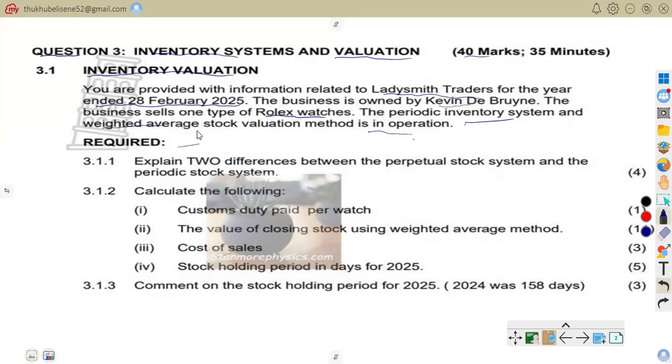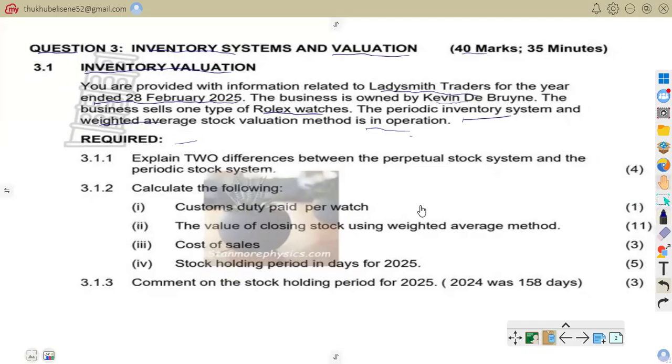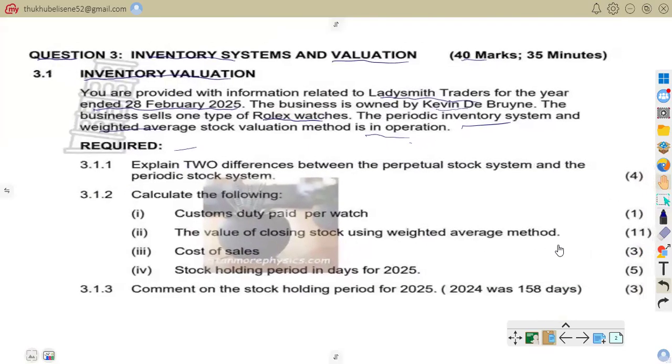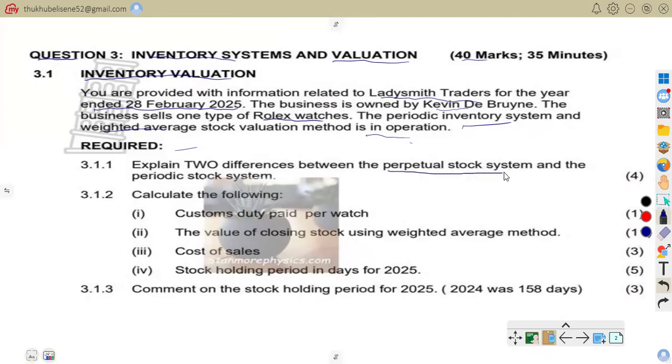Required: 3.1.1, explain two differences between perpetual stock system as well as periodic stock system. That is the first question that we are to answer.